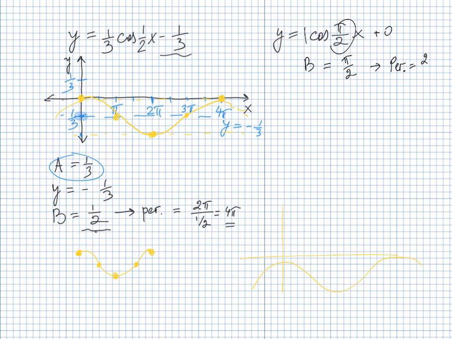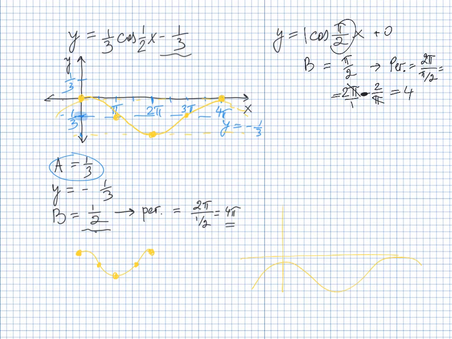Period is 2 pi divided by frequency. Dividing is multiplying by the reciprocal, so I multiply by 2 over pi. I can put the 2 pi over 2 to see better what's happening. Pi cancels, and I just have a 2, so it tells me that my period is 4.